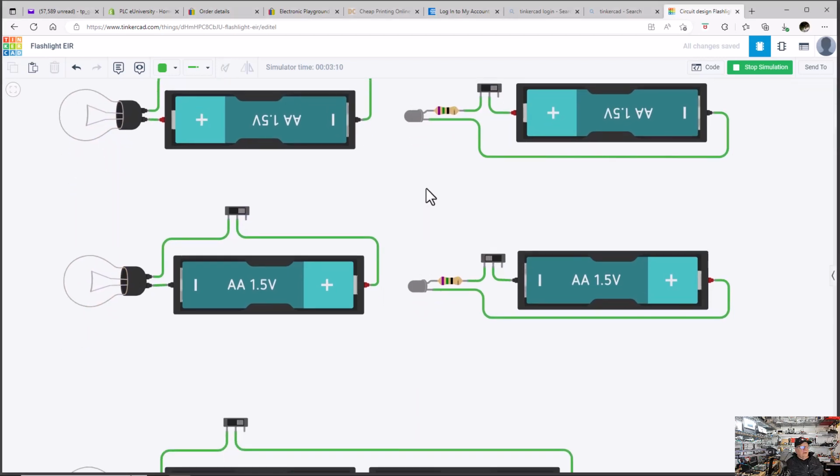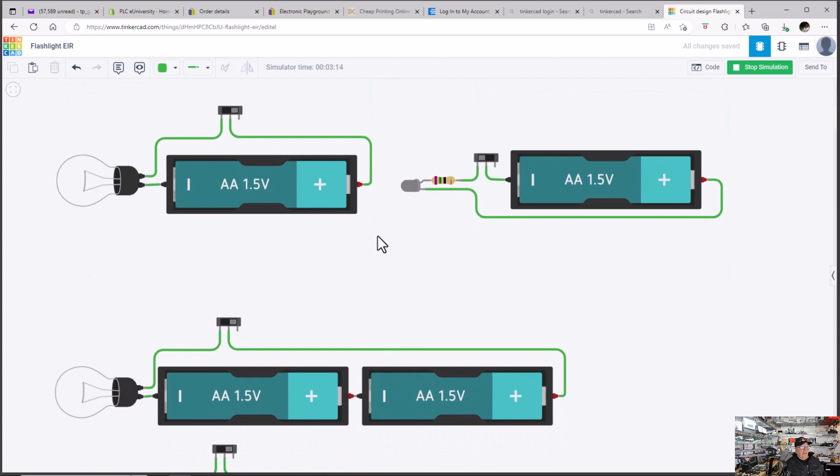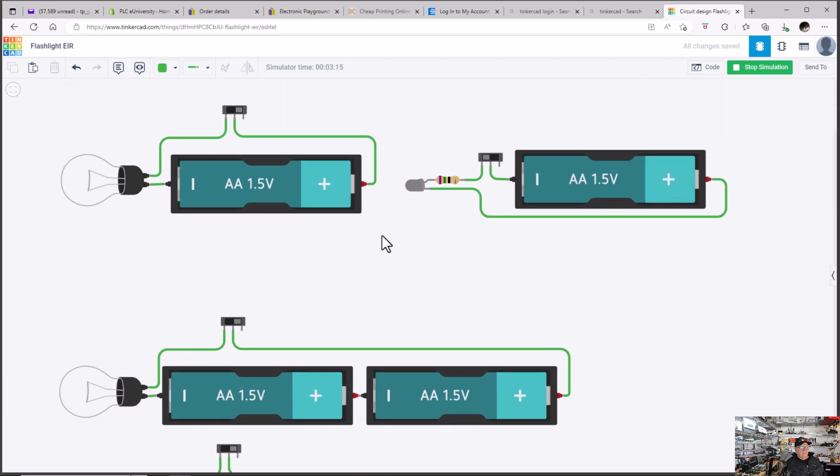Let's take a look at some other circuits. Okay, here we have a flashlight that has two batteries. So we're still in the simulation. Now, I could click on stop simulation and it stops. Click on start and it starts. So we turn on the single battery bulb, and now I'm going to turn on with two batteries.